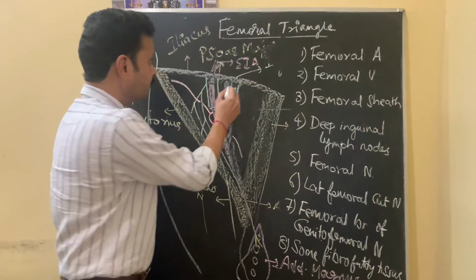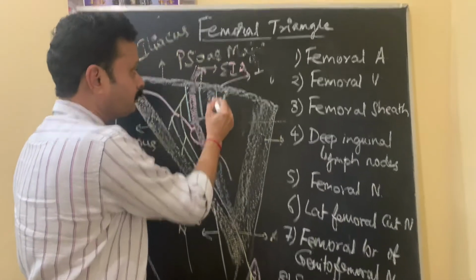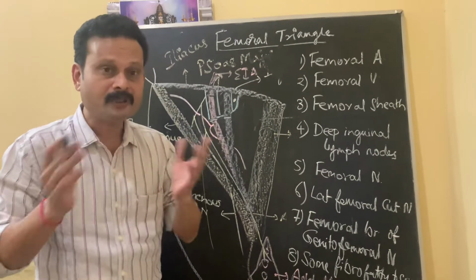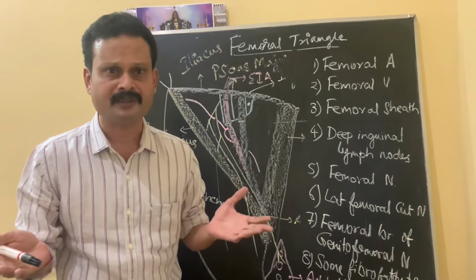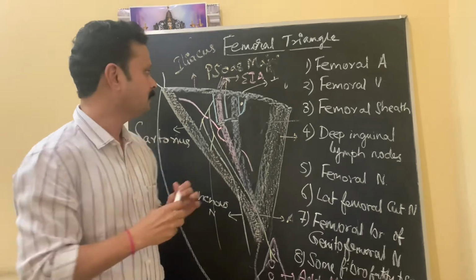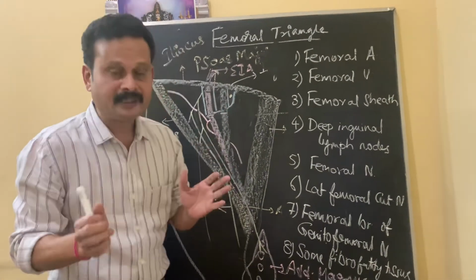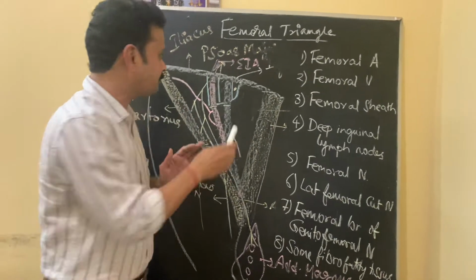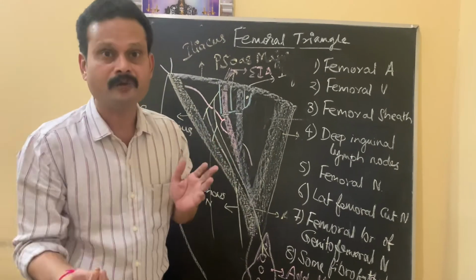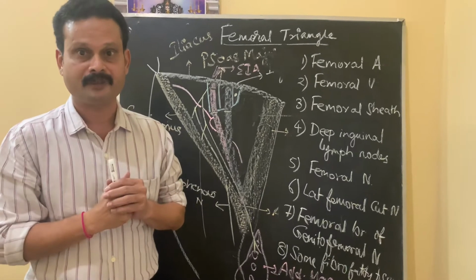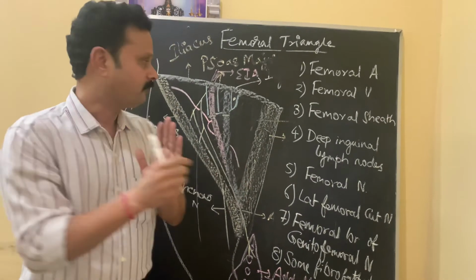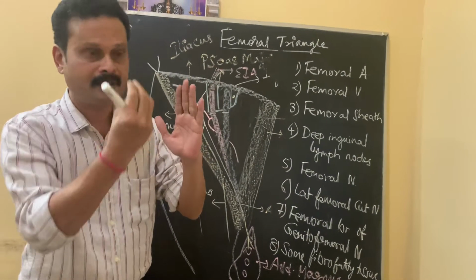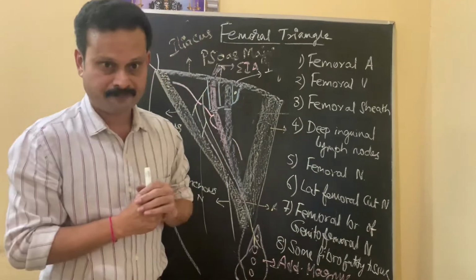So this femoral canal, the medial compartment, what is its function? The femoral canal provides a dead space for the expansion of the femoral vein during increased venous return, and contains this lymph node.